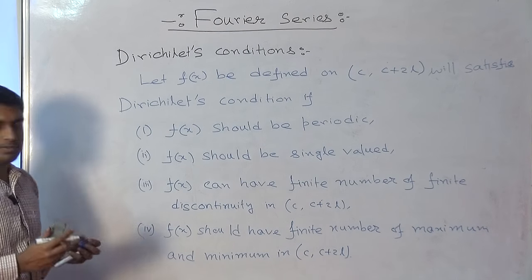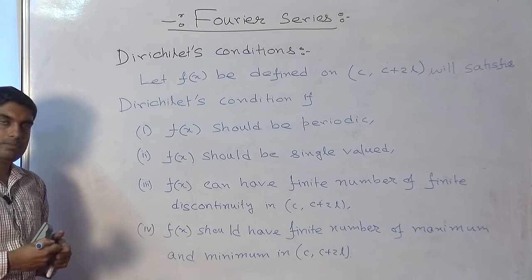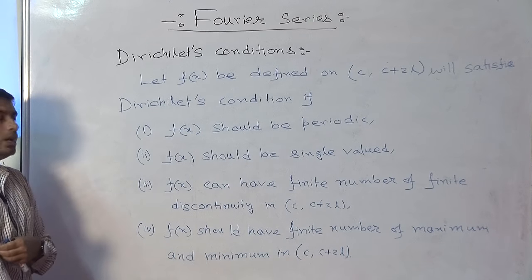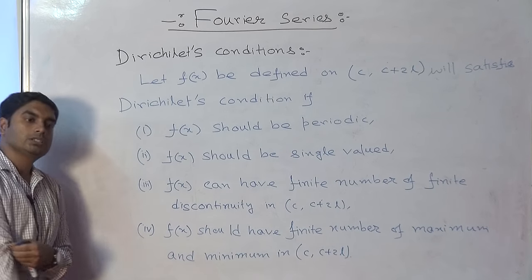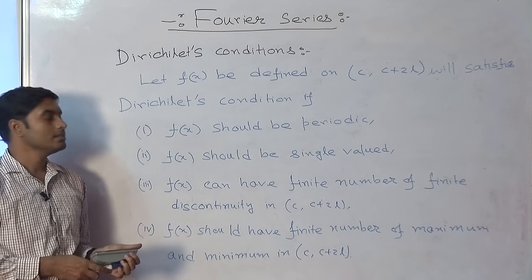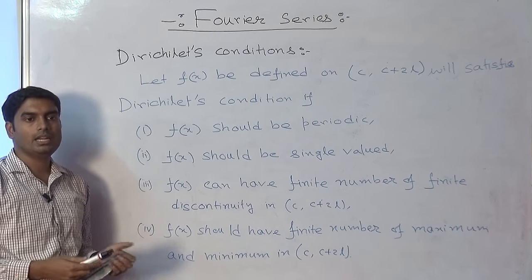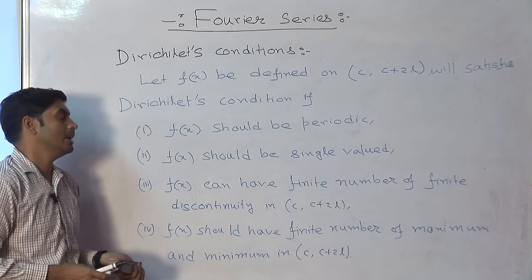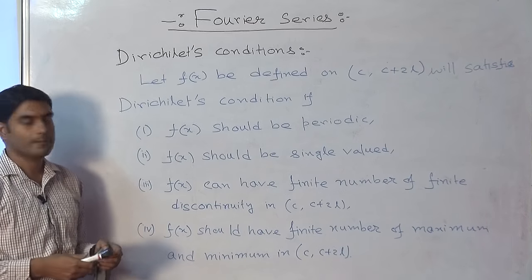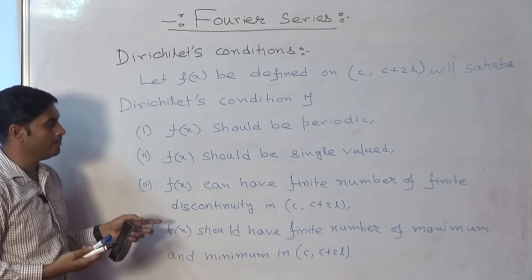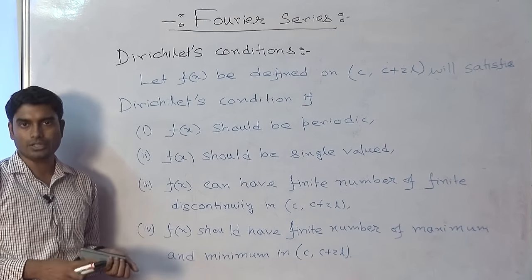So the first condition is periodic, which we already know. The next one is single valued. Up to now, whatever functions we have come across in our classes are all single valued. There are multi-valued functions, like the root of any number. So the third condition is that f(x) can have a finite number of finite discontinuities.